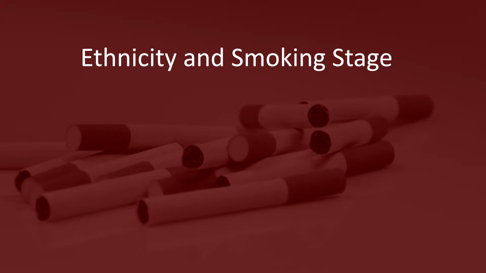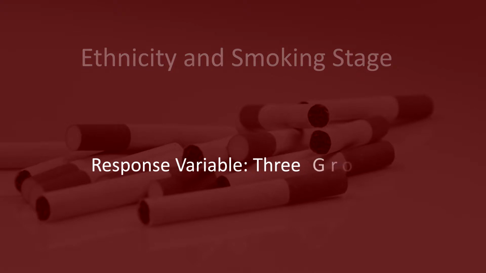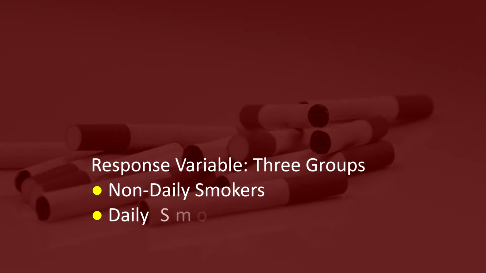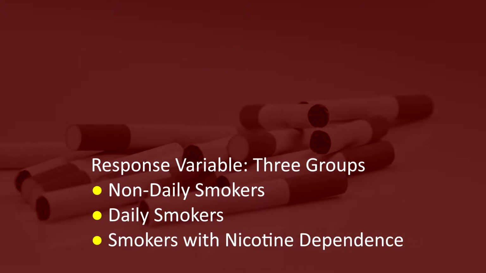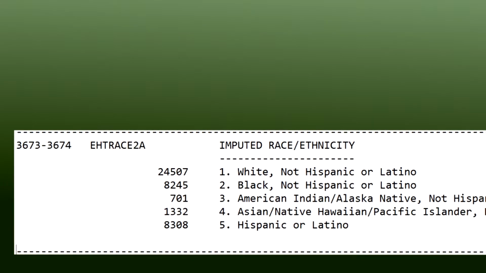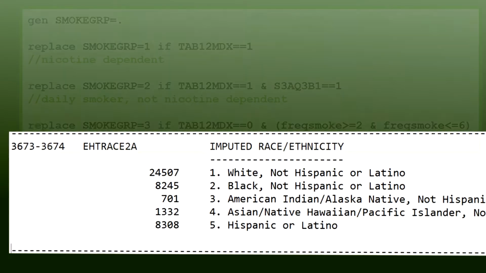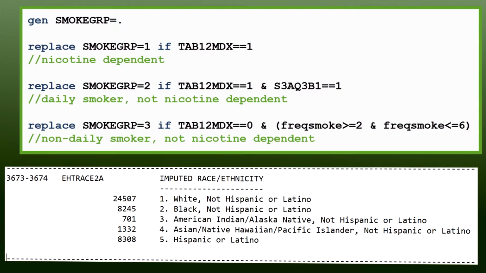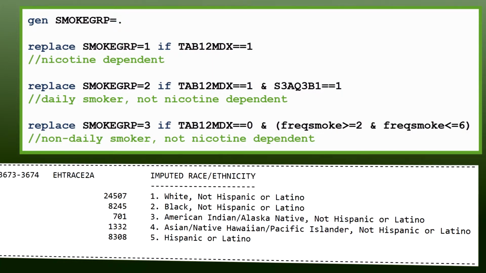And we'll create a response variable that categorizes young adult smokers into 3 groups: non-daily smokers, daily smokers, and those with nicotine dependence. These are the ethnic groups recorded in the NESARC codebook, along with the syntax that we can use to create a 3-category smoking stage variable.